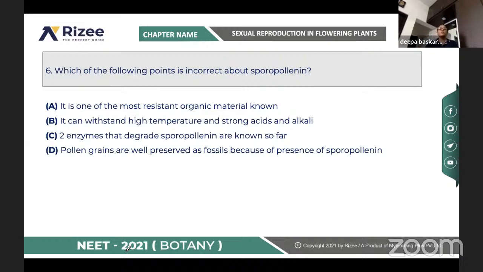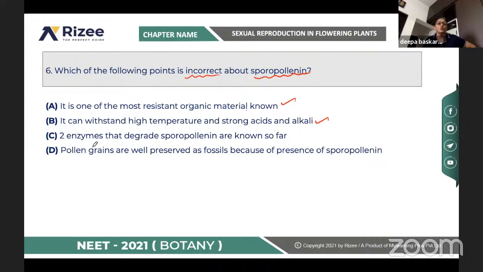6th question, which of the following points is incorrect about sporopollenin? It is one of the most resistant organic materials known. Yes, we have to find the incorrect statement. I already told you that this is an organic material which is resistant against acid, temperature, enzymes and alkali. So it can withstand high temperature and strong acids and alkali.